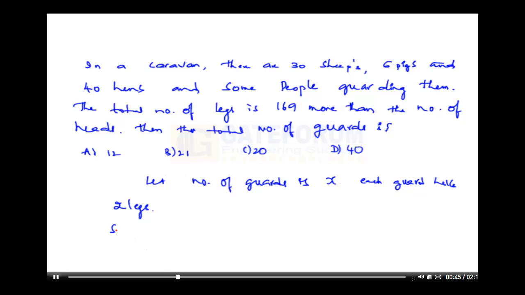So the total number of heads will be 30 sheep plus 6 pigs plus 40 hens, and the number of guards we don't know, that is x, nothing but 76 plus x.